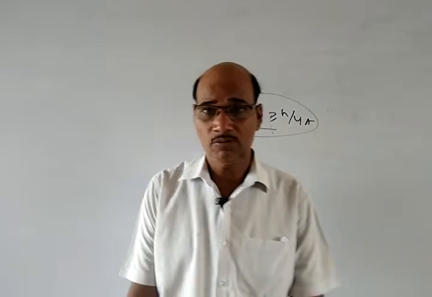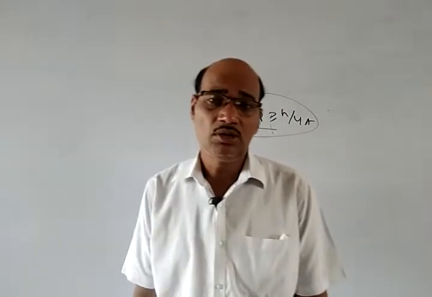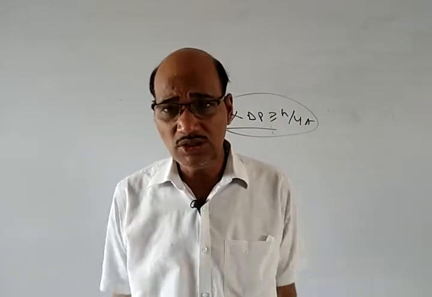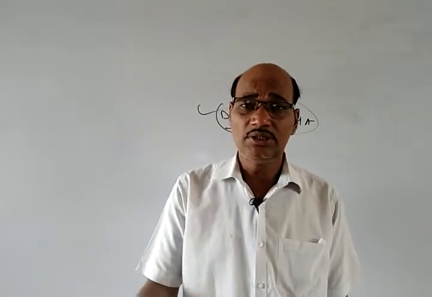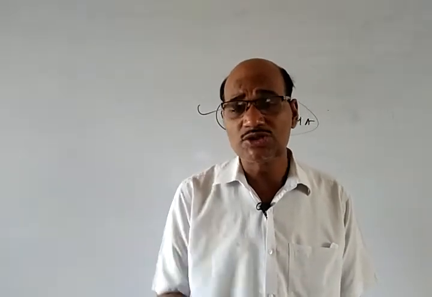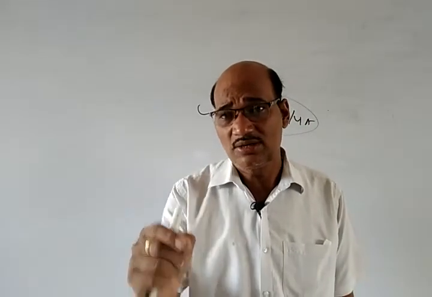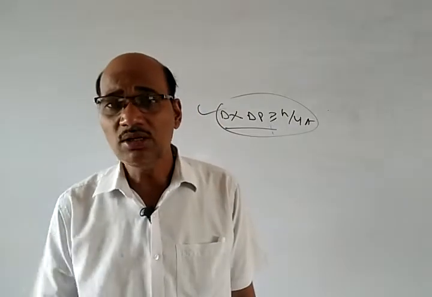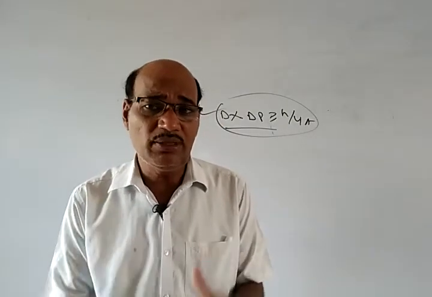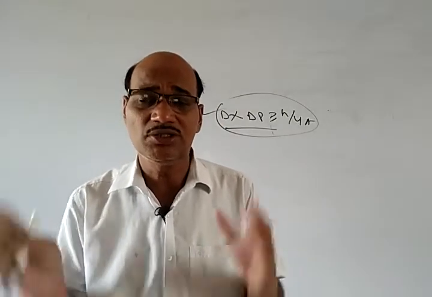And also we discussed Hund's rule of maximum multiplicity. What does it say? The pairing of electrons in a degenerate orbital like p, d, f subshell is not possible until all the available orbitals contain one electron each.